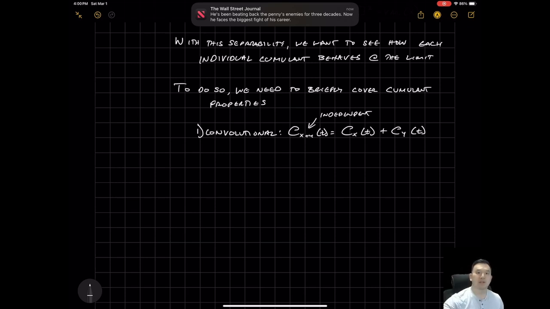The first property being the convolutional property that states that the cumulant generating function of the sum of two independent random variables is the sum of their individual cumulant generating functions. This is going to be crucial when we analyze the cumulant contributions to a cumulant generating function at the limit.